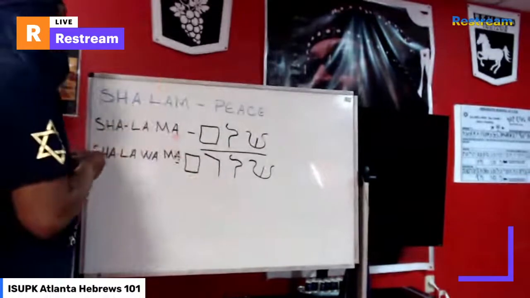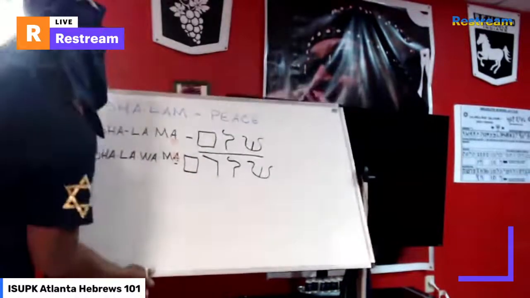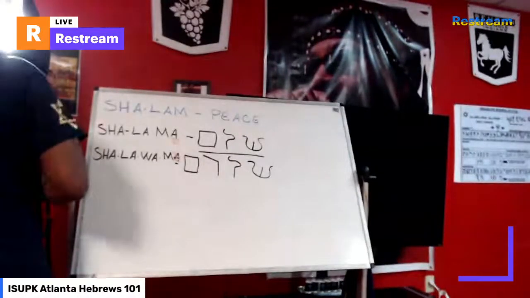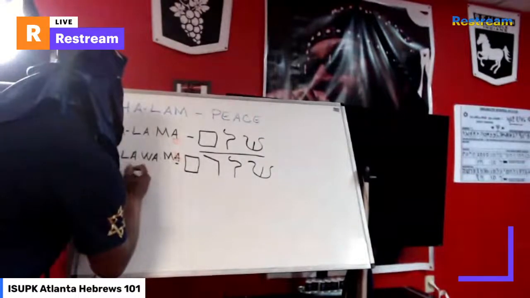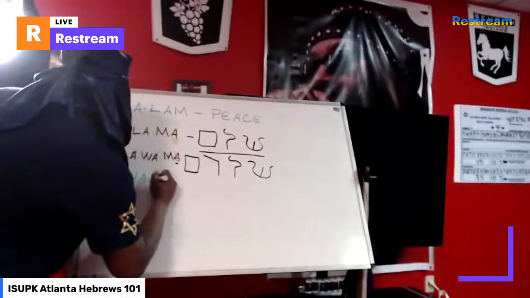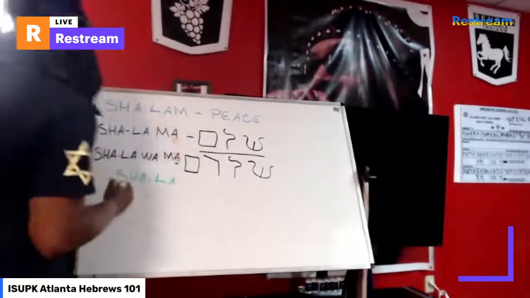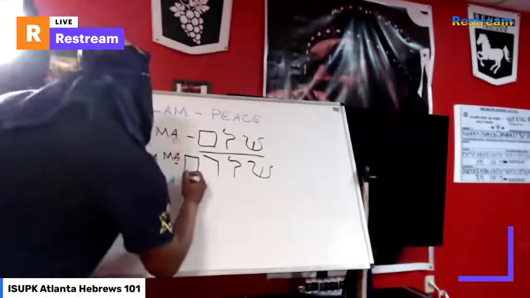So now this is what happens. So now we're here. Of course, you know I'm color coordinated. So this is how it should be pronounced. Sha. Now when it's written here in this text, this is how it's going to be pronounced.